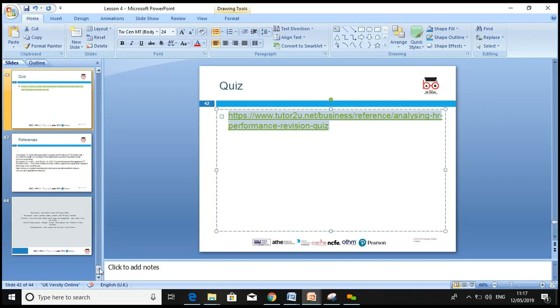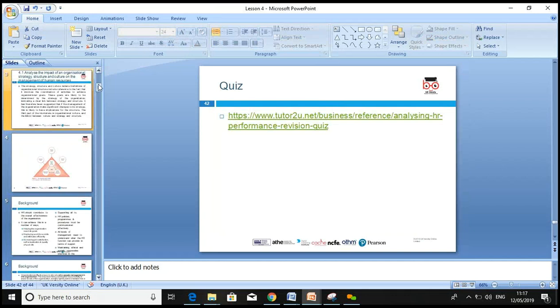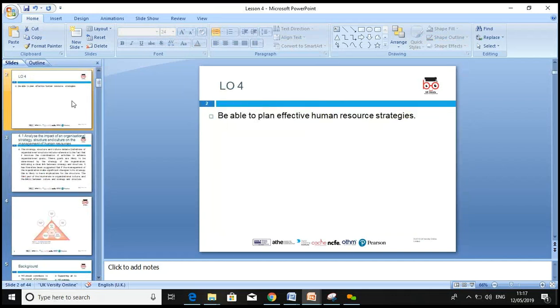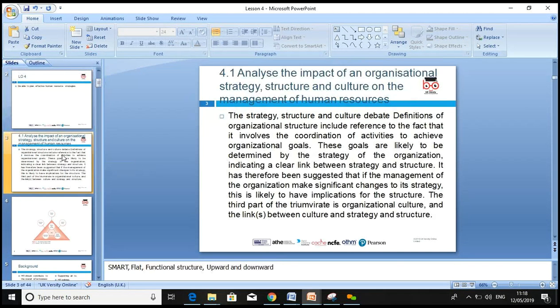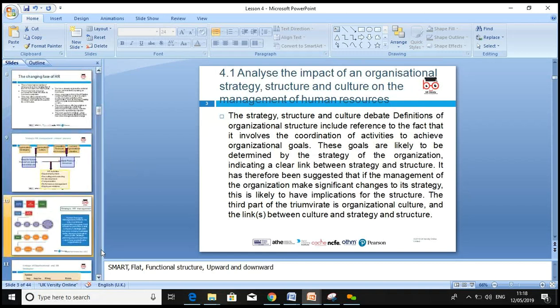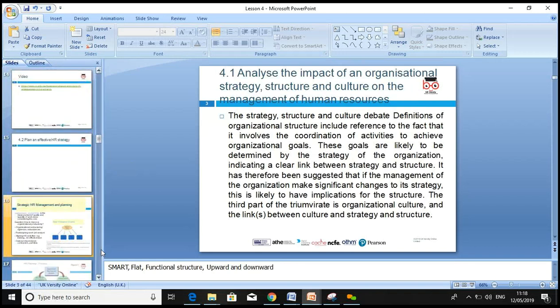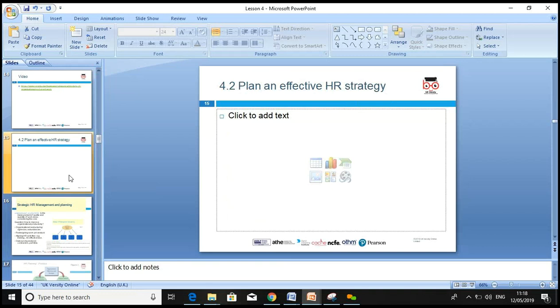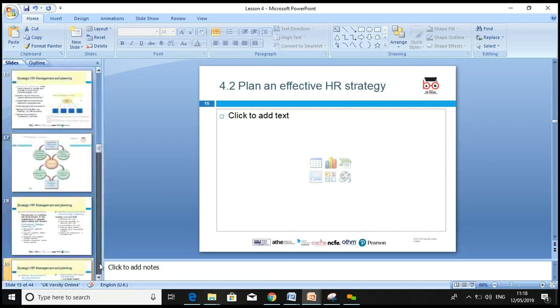Well done. Today we learned how we can make strategy able to plan effective human resource management. We discussed 4.1, where we analyzed the impact of organization strategy, structure, and culture. Then we discussed 4.2, where we discussed how we can plan an effective HR strategy.